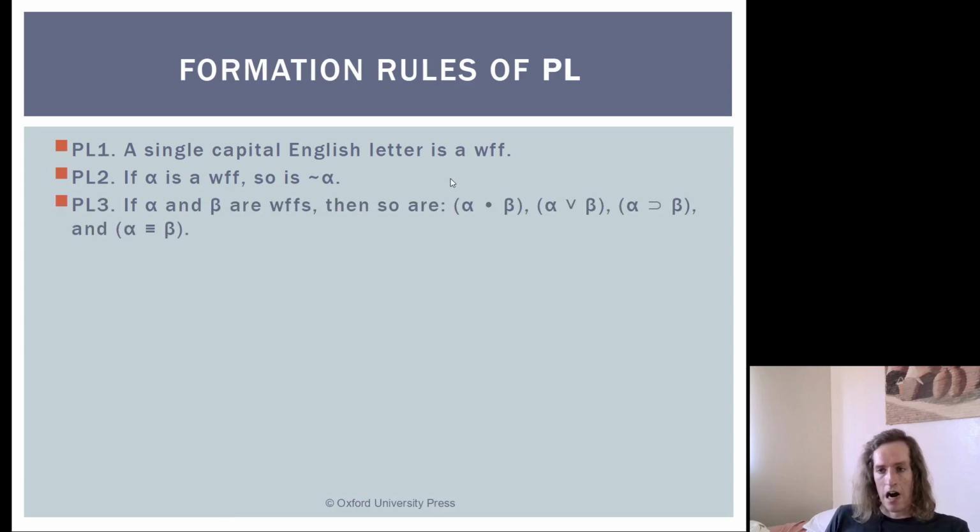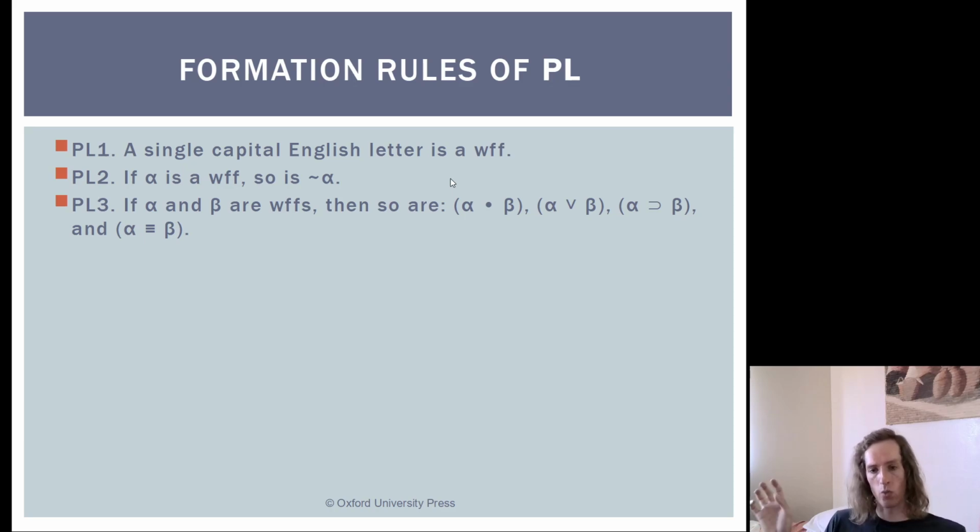PL3: if alpha and beta are well-formed formulas, of any complexity, then so are alpha and beta, alpha or beta, if alpha then beta, and alpha if and only if beta.